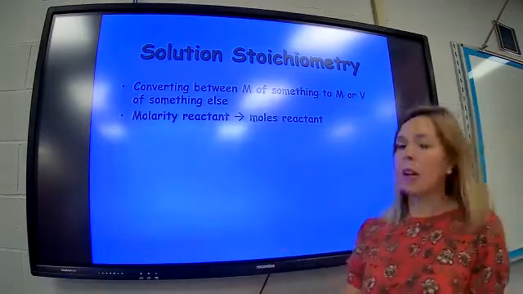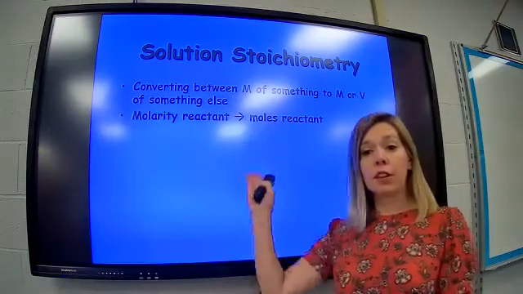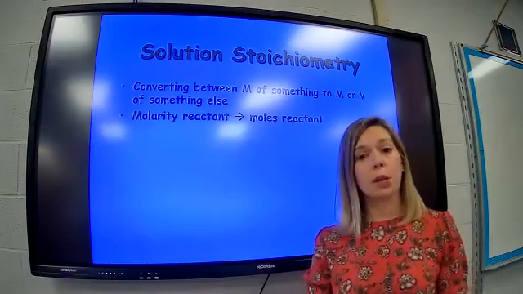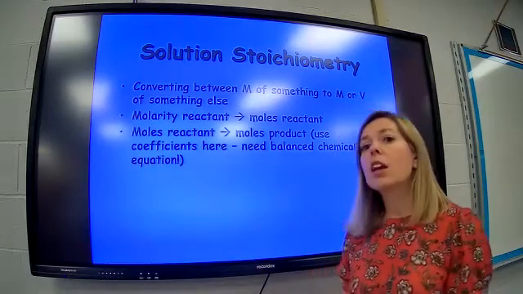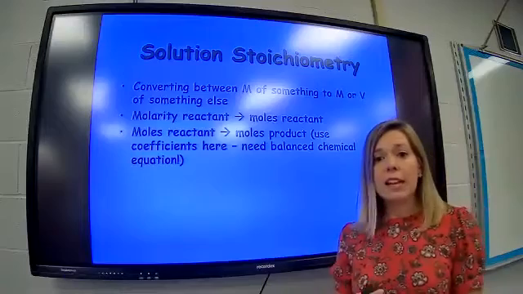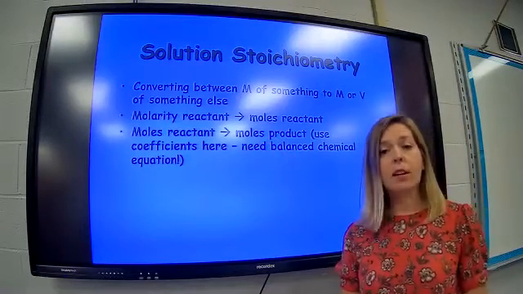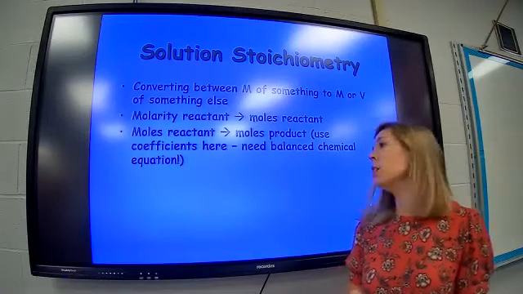to molarity of something else, to volume of something else, to moles of something else. So from the molarity of our reactant, we can figure out the moles of our reactant. If we have two reactants, then we can figure out which one is the limiting reactant. Once we have that identified, we can figure out the moles of the product using the balanced equation.